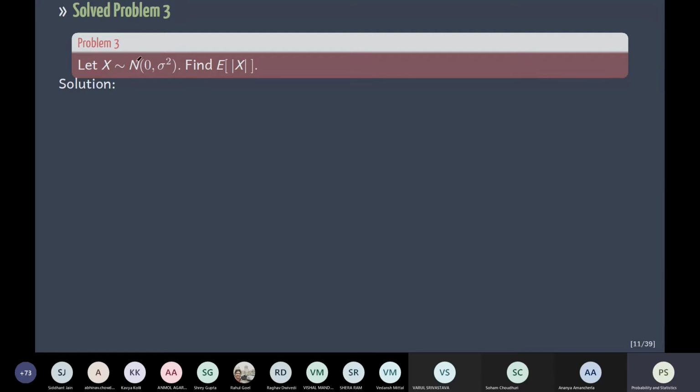I mean, this is not really a standard normal yet. It is a normal, but not a standard normal.